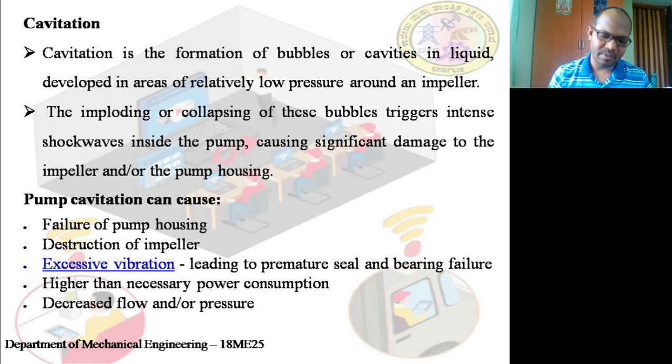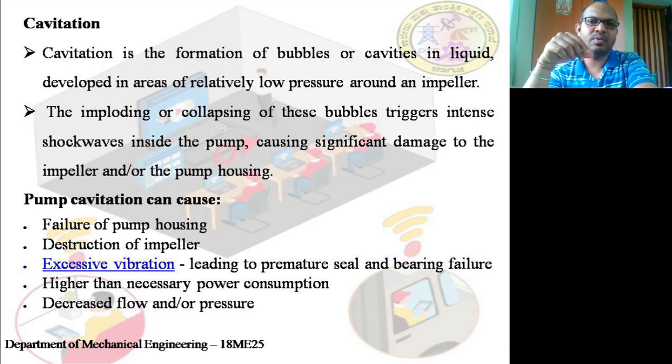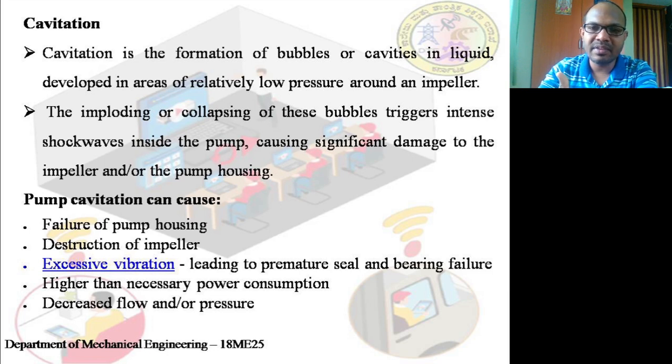Okay, now actually what happens here is, whenever the suction is created in order to take the water from the sump, the pressure which has been created is good enough for the water because the water is heavy, around 1000 kg per meter cube.